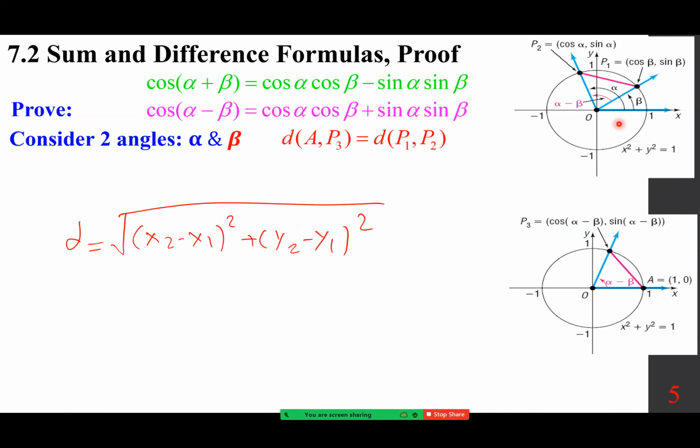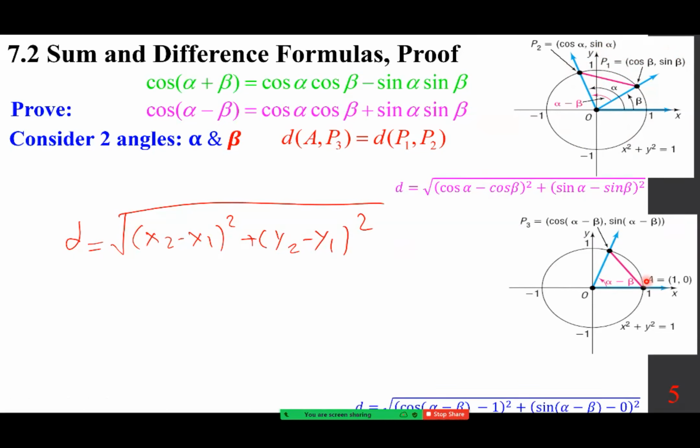So we write the distance formula for these two points. The x coordinates are cosine alpha and cosine beta, so cosine alpha minus cosine beta is squared. The y coordinates are sine alpha and sine beta, so sine alpha minus sine beta is squared. So that's this distance.